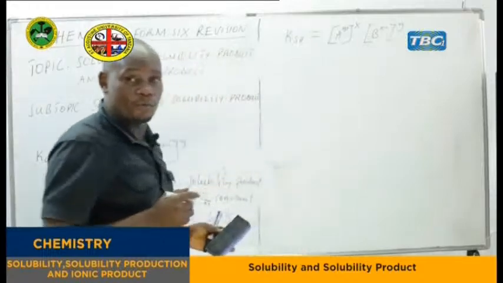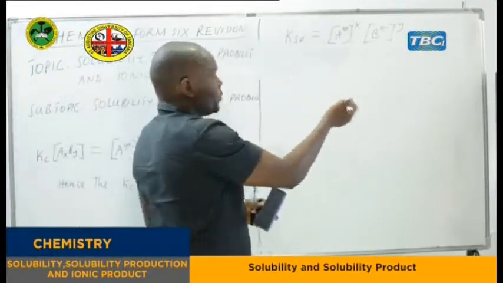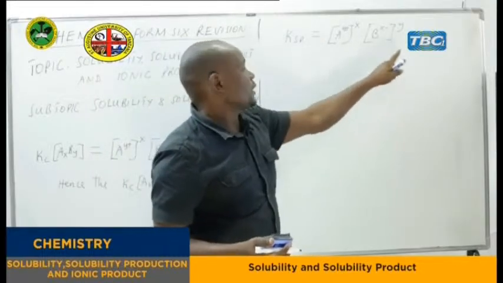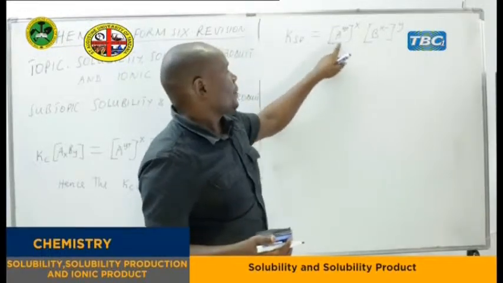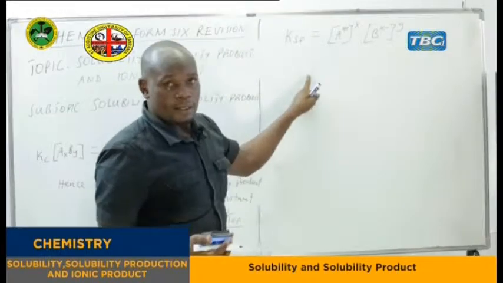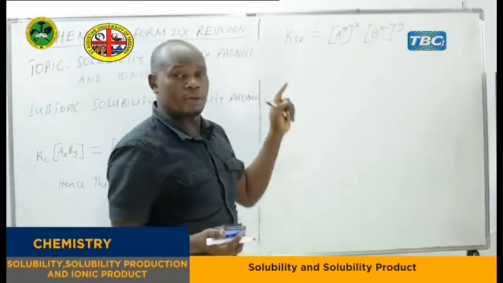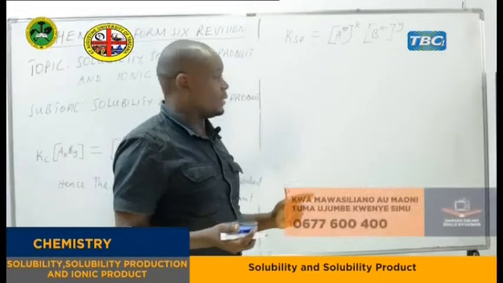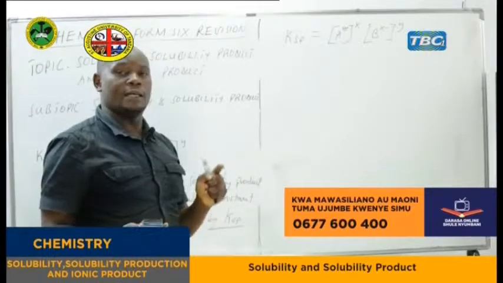So that is our solubility constant or product. How can we define it? You can define it as the product of the concentrations of the ions obtained after the dissolution of the sparingly soluble substance, but it must be at a constant temperature and pressure.